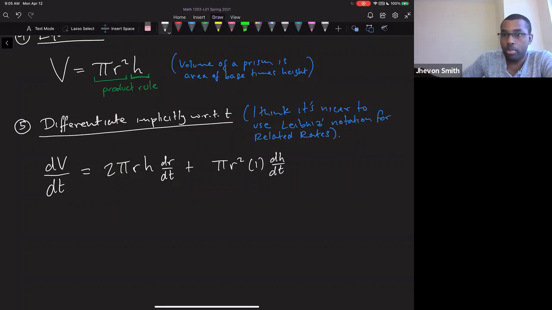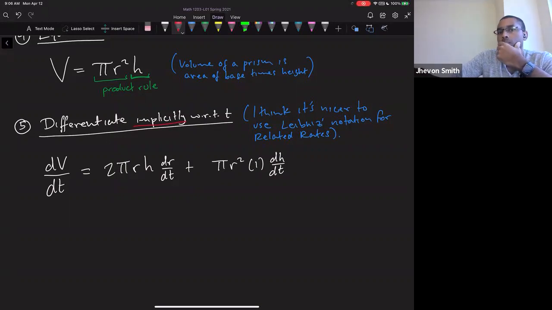Okay, it's very important that you remember the differentiation you're doing is implicit differentiation. If you're not differentiating a t, you need the prime. And again, the majority of times I'm talking about derivatives in this class, I will use a prime, but I would recommend, it's a soft recommendation, that you write it in terms of dv dt, dr dt, dh dt, like Leibniz notation.